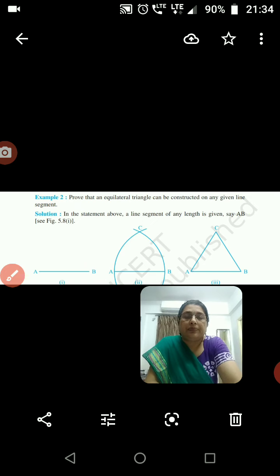Then both arcs will intersect each other at point C. And if at last we draw line segments AC and BC, then we will get this triangle ABC, which is an equilateral triangle whose all sides are equal to AB.